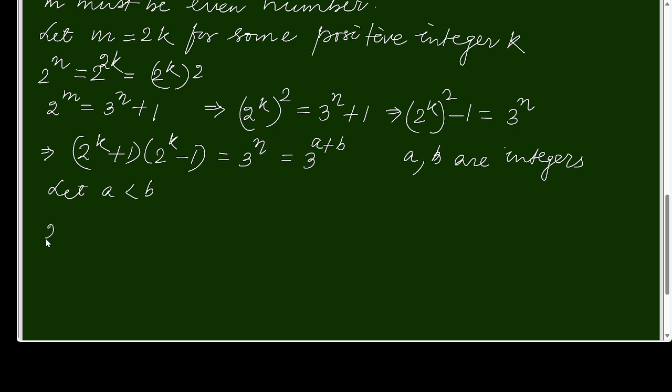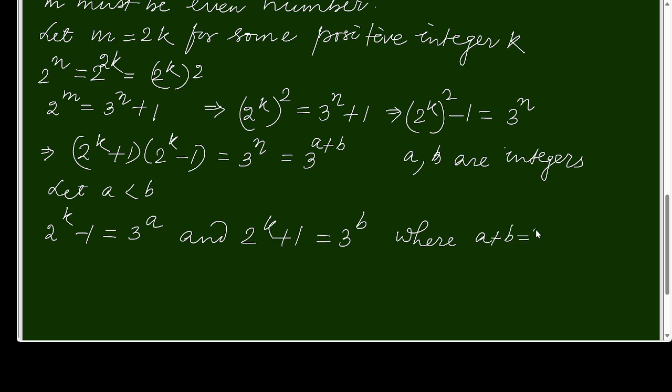Then 2 to the power k minus 1, I may write as 3 to the power a, and 2 to the power k plus 1 equals to 3 to the power b, where a plus b equals to n. Then 2 to the power k plus 1 minus 2 to the power k minus 1 can be written as 3 to the power b minus 3 to the power a, which should be 2.